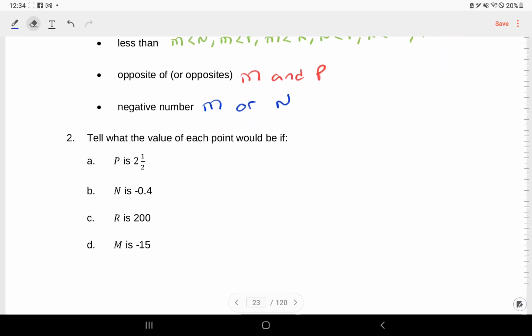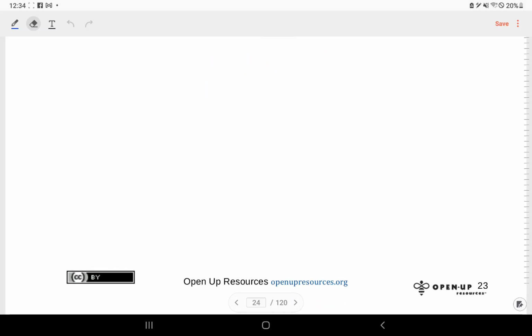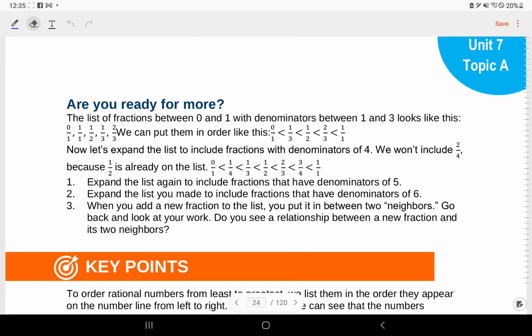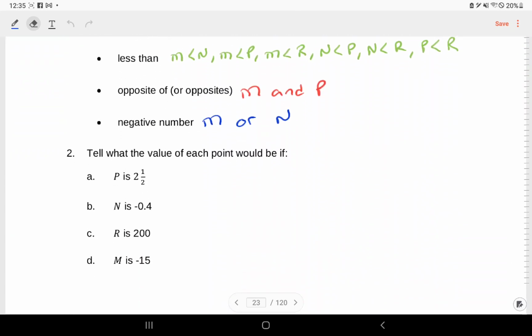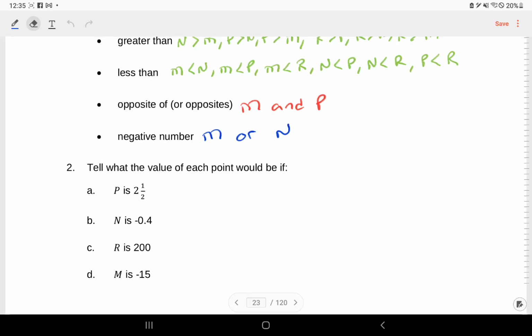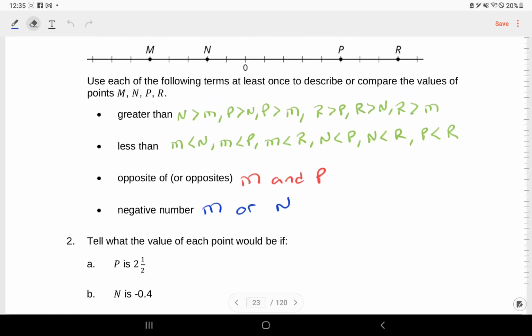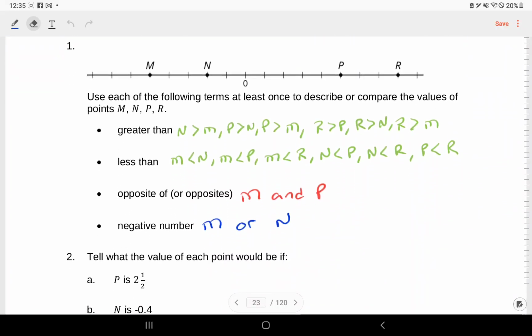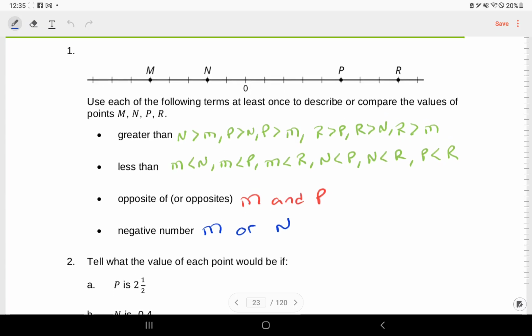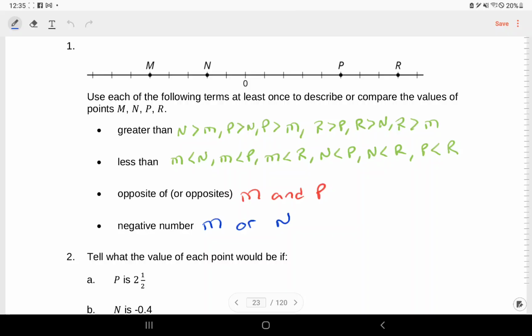Now, for each of these, A, B, C, D, okay, this is actually pretty simple, although I know some of you are going to have trouble with this because you're not going to know what to do. It's telling you the value of some of these points. And so this comes back to our double number line thing, where you had to figure out how to space it out.